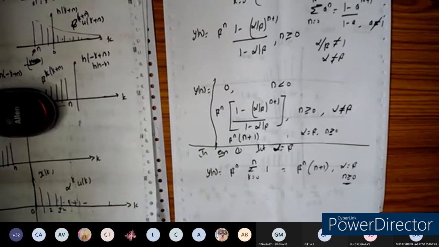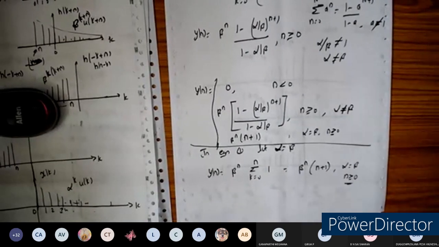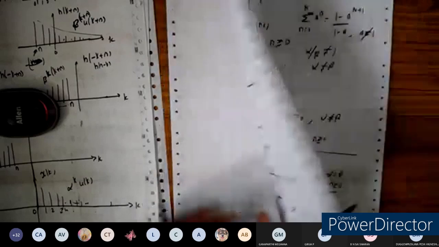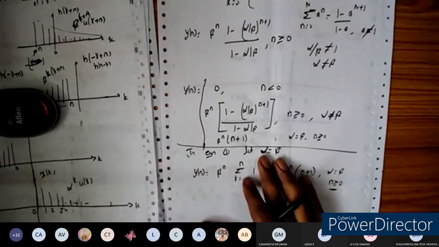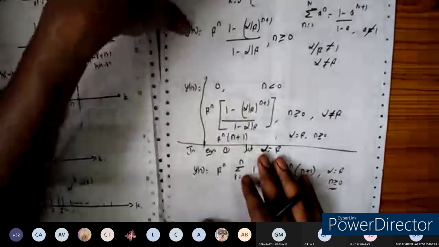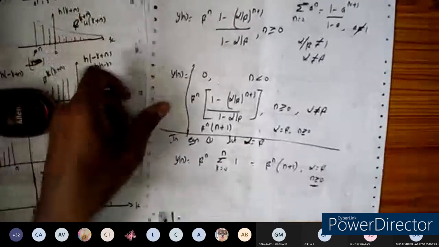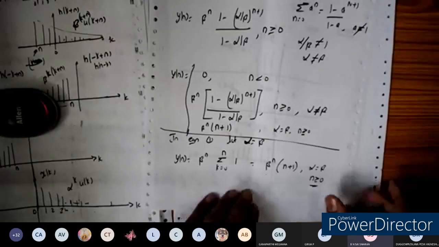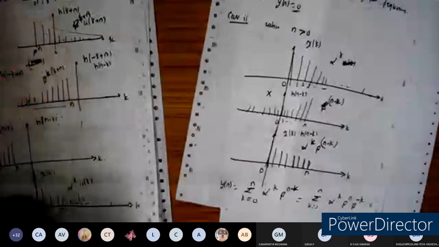Done, right? Any difficulty? Shall I solve this problem again? Understood? Understood, sir. Okay, so I'll take another problem of a similar kind. So everyone understood?